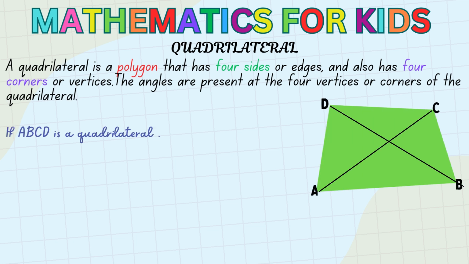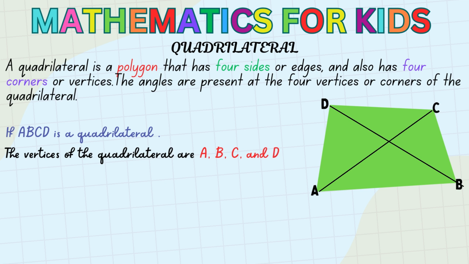Consider here a quadrilateral ABCD. This quadrilateral, and any quadrilateral, has 4 vertices. Here the 4 vertices are vertex A, vertex B, vertex C, and vertex D. Also, it has 4 angles that are present at the 4 vertices or corners of the quadrilateral.